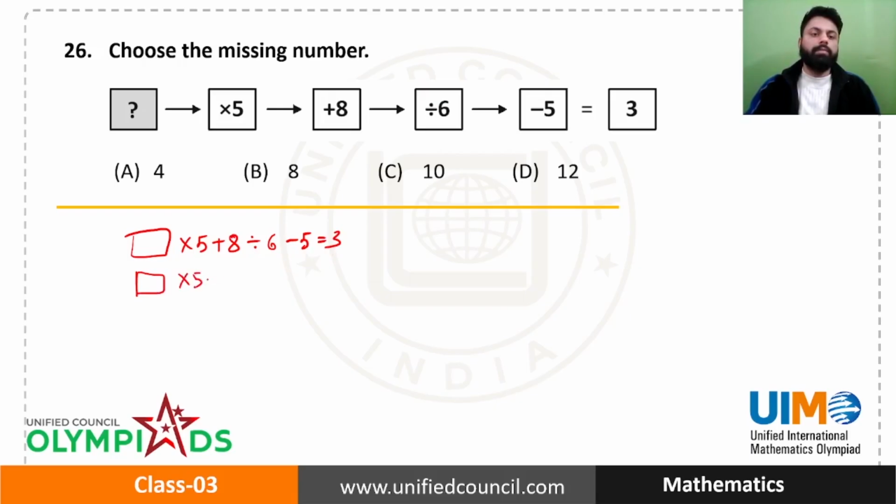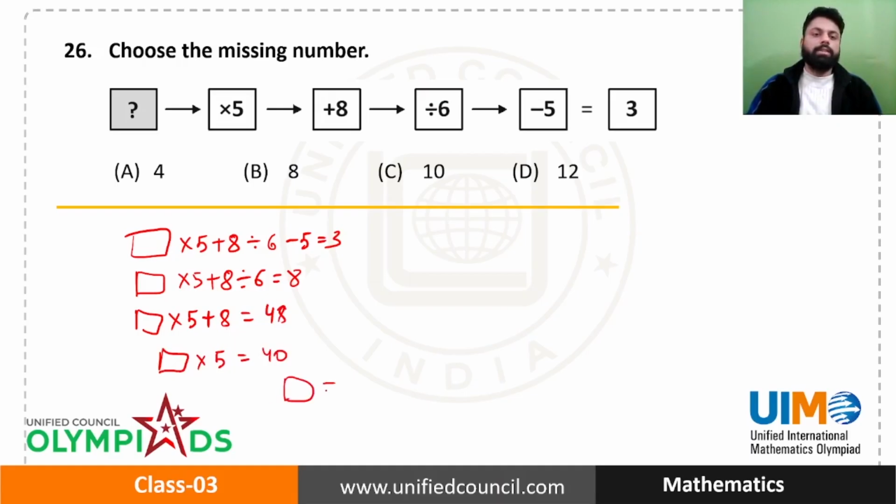So dash multiplied by 5 plus 8, divided by 6, is equal to 5 plus 3, that is 8. Dash multiplied by 5 plus 8 is equal to 8 multiplied by 6, that is 48. Dash multiplied by 5 is 48 minus 8, that is 40. And this is equal to 40 divided by 5, that is equal to 8. Checking: 8 multiplied by 5 is 40, plus 8 is 48, divided by 6 is 8, minus 5 is 3.